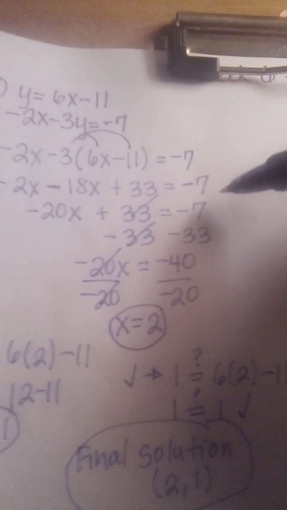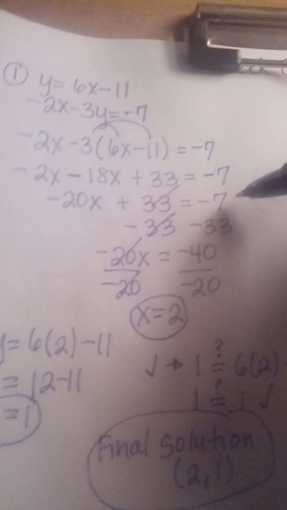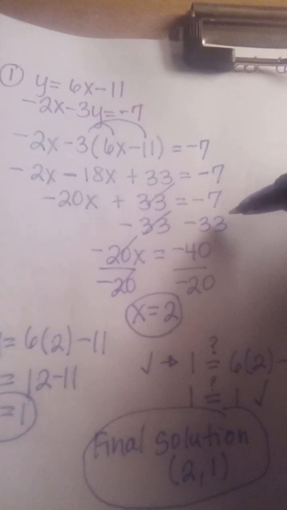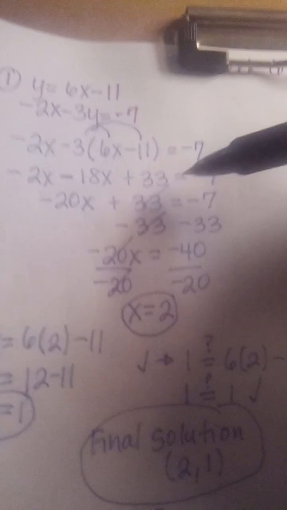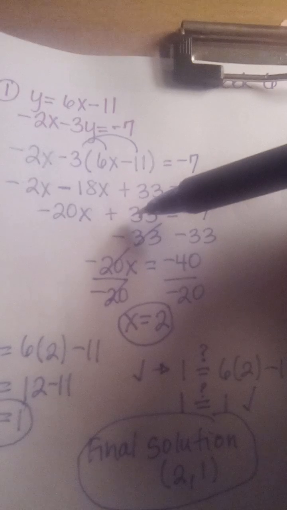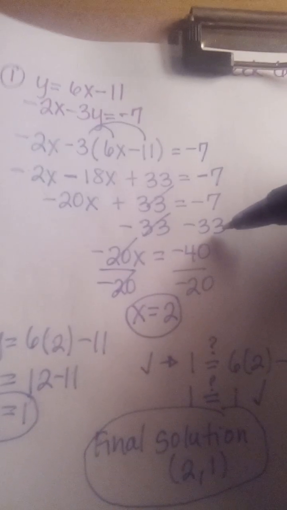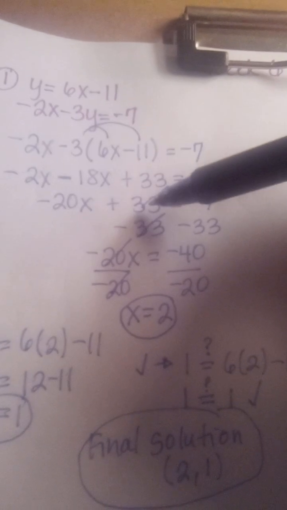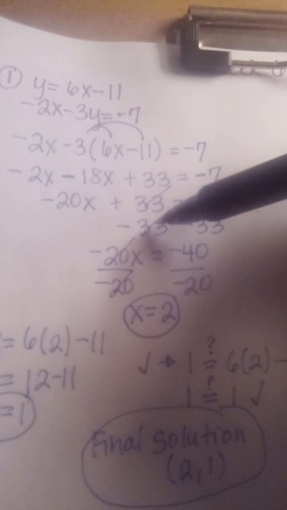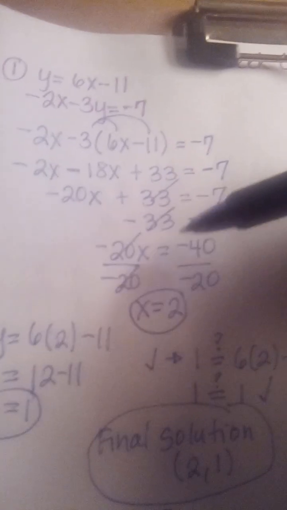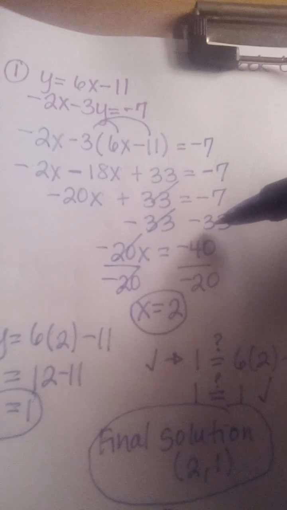Once that step has been done, then we can do the arithmetic by itself. In this case, we had to subtract 33 from both sides of the equation, crossing out the 33s on the left side, bringing down the negative 20x equals negative 7 minus 33.